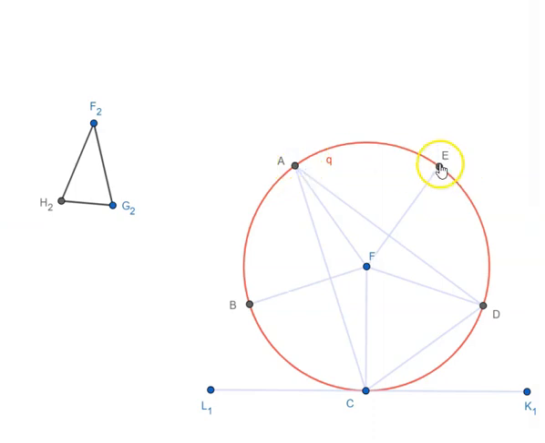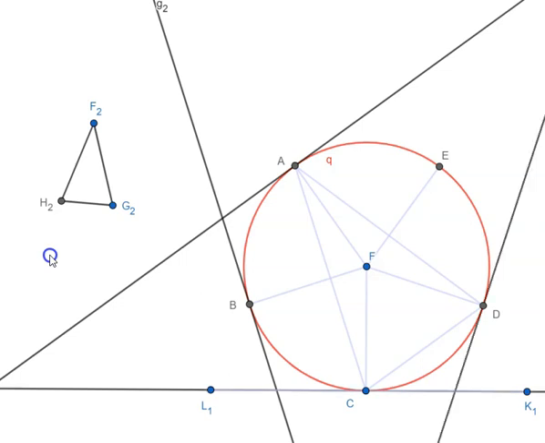Now at these points A, B, C, D, E, let's draw lines touching the circle at those points, the tangents. And now let's mark the points of intersection of these tangents.